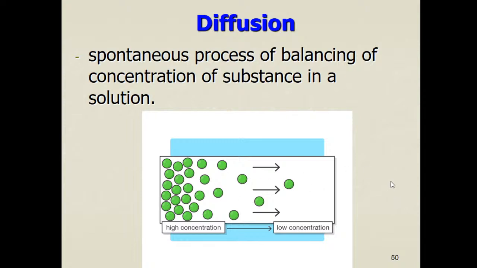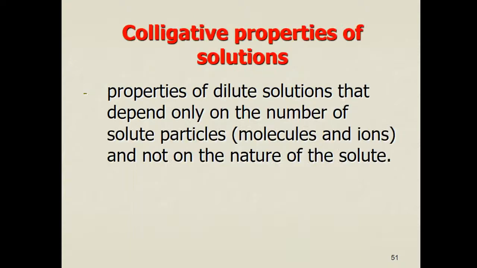Diffusion is highly sensitive to the size of the solute particles. The bigger the size, the slower the diffusion. That's why, in colloidal solutions with a solute particle diameter of more than 1 nanometer, much bigger than 1 nanometer, diffusion happens very slowly. Diffusion itself is highly sensitive to the nature of the substance dissolved.